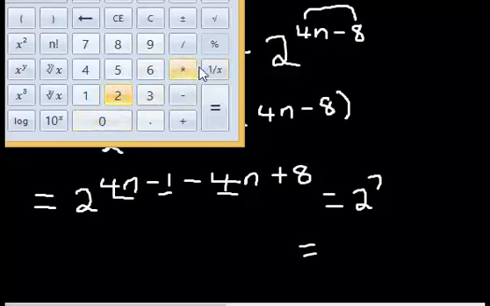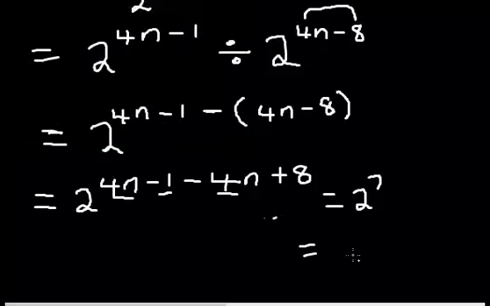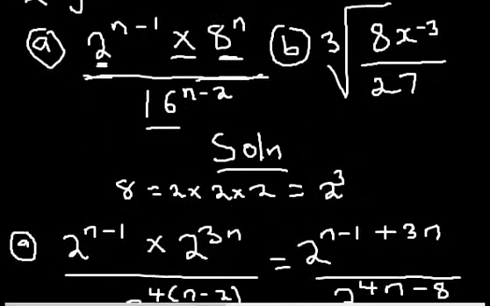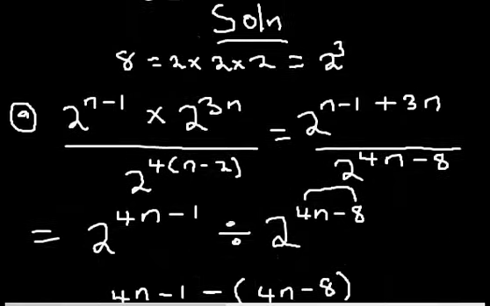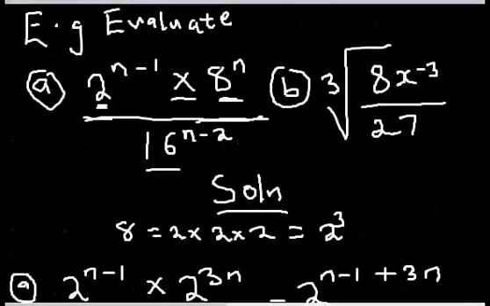Times 2, 64, times 2, that's 128. So 2 raised to the power 7 is 128. Oh, please pardon me, that's 128, not 2 raised to the power 128 again. So this 128 is my final answer. All right, so that is that for that question. Let's look at the second part of the question.